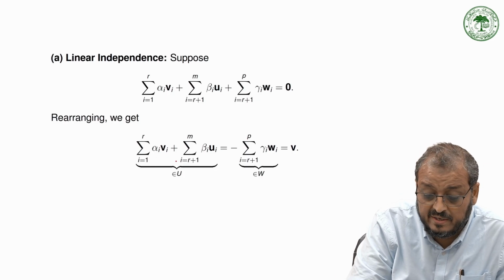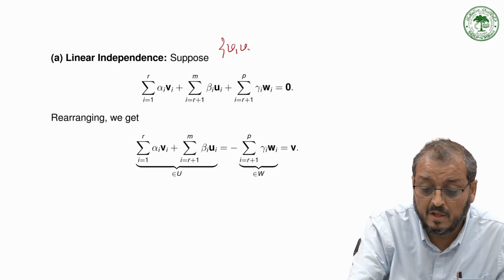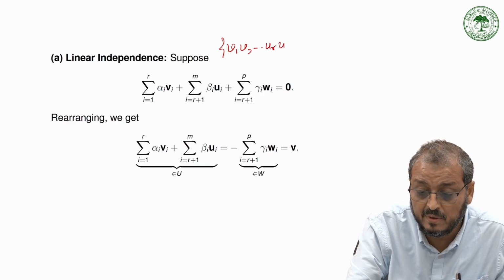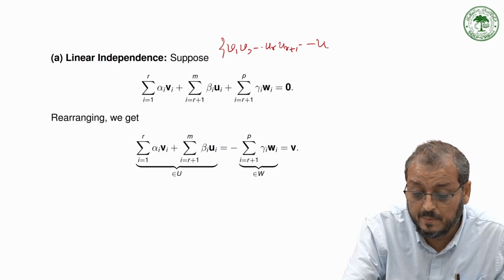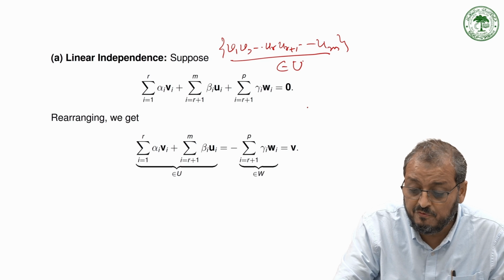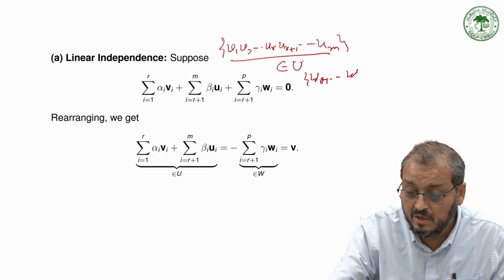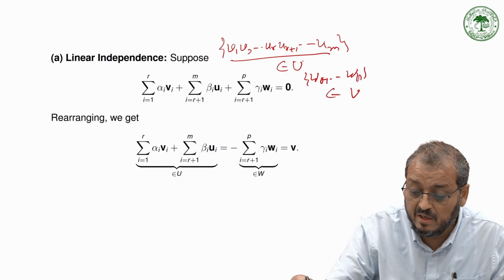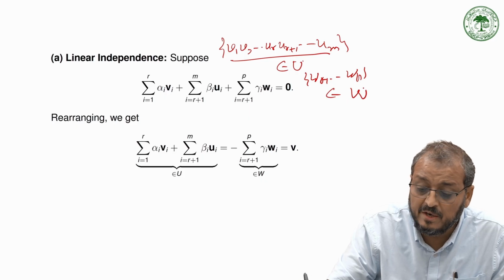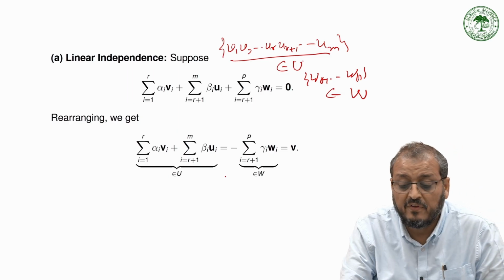Now you can clearly see that the elements v1, v2 up to vr, and then u_{r+1} up to u_m, are elements of U, and the other side, w_{r+1} up to w_p, is an element of W. Since this is in W, we assume this whole thing is equal to some v.